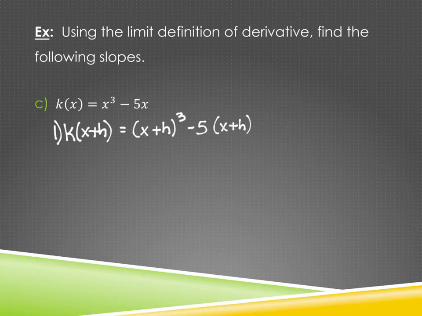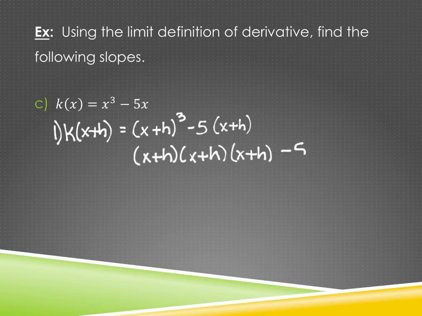Now, x plus h cubed is a little messier. I kind of like to make note that if you do x plus h cubed, it looks like this. Actually, I'll put this back down on the thing itself. Let me move it down there. And then I have minus 5 times x plus h.